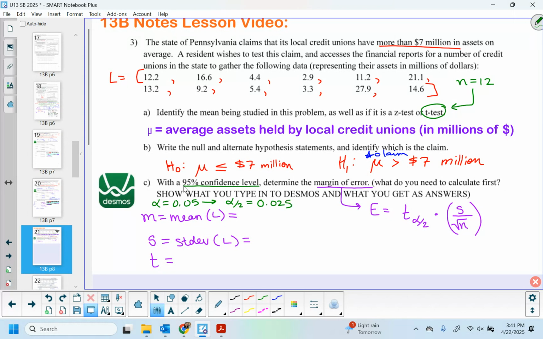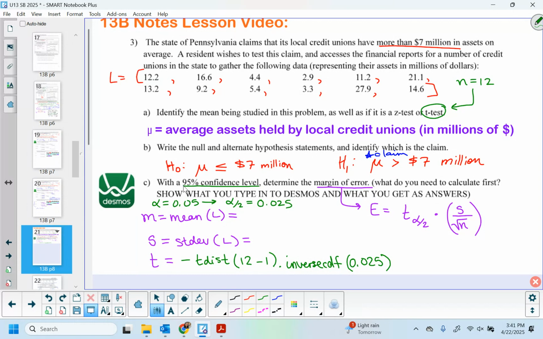So for my t formula, remember that was negative t dist, and then my n is 12 minus 1, and then dot inverse CDF. And it says to use either alpha over 2 or CR, but the alpha over 2 is what I'm going to use here for the confidence interval.